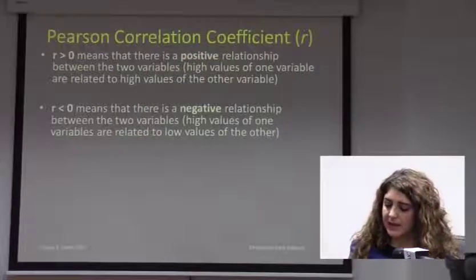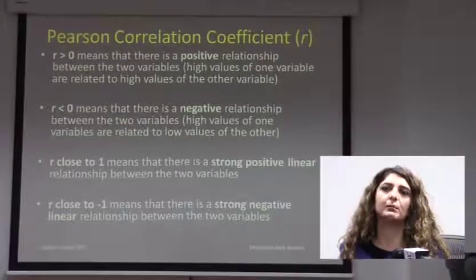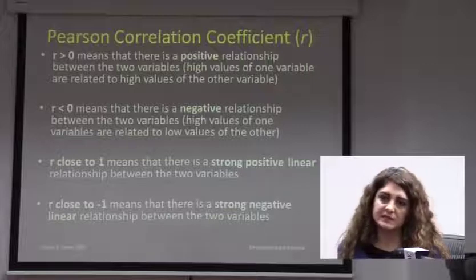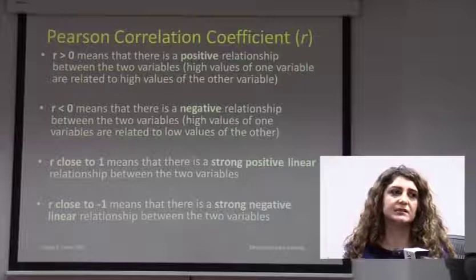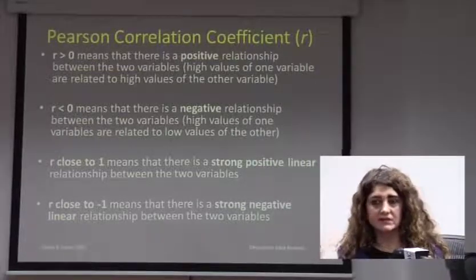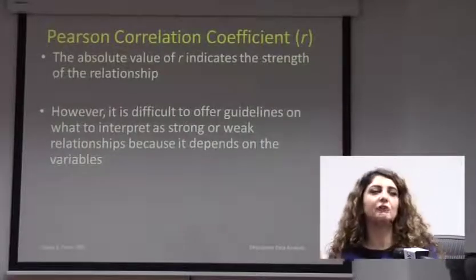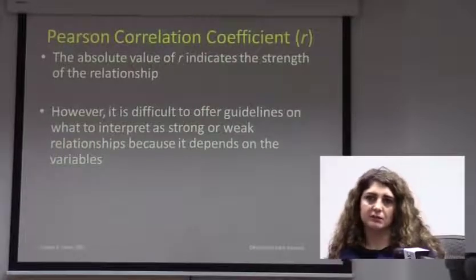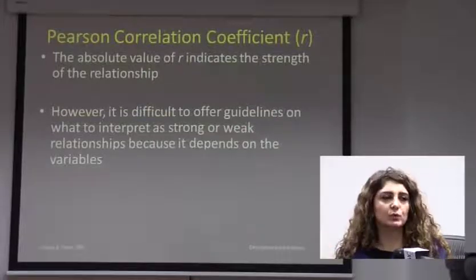Another thing I look at when I compute the correlation coefficient is the actual number, the amount. If it is close to 1 or close to -1, the closer to 1 or -1, the stronger the relationship. But whether it is positive or negative, the strength of the relationship is described by the absolute value of the R. Now there are several rules of thumb and several guidelines, but it's difficult to offer one for you to consider.